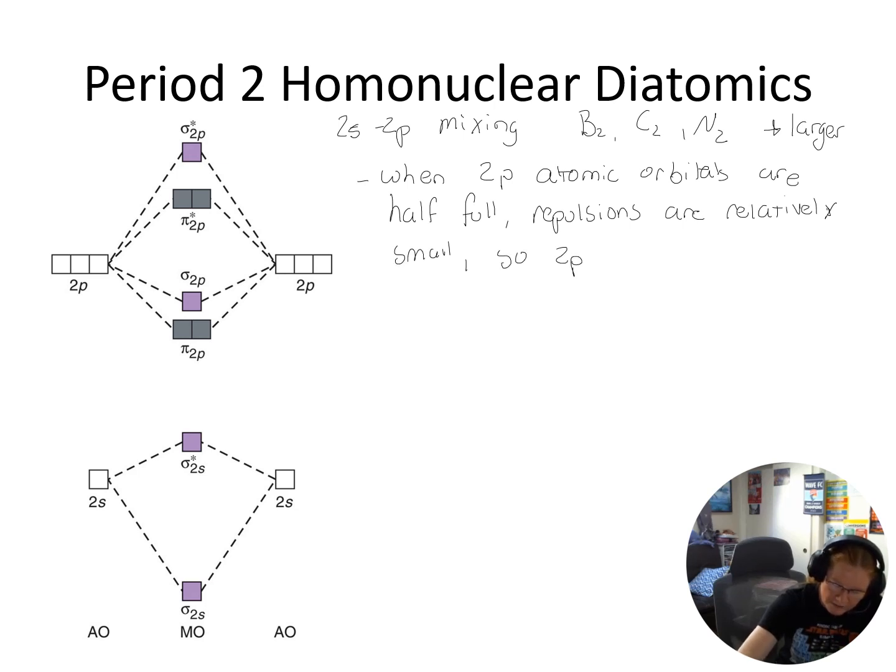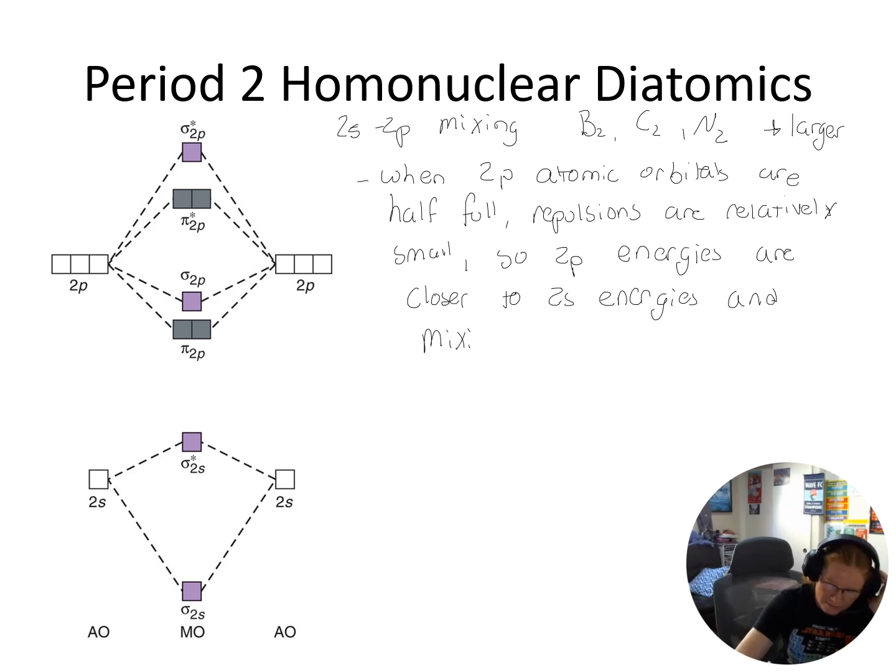So 2p energies are closer to 2s energies, and mixing occurs, causing pi 2p to appear before sigma 2p.